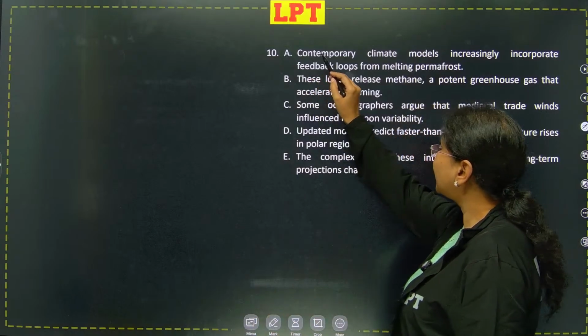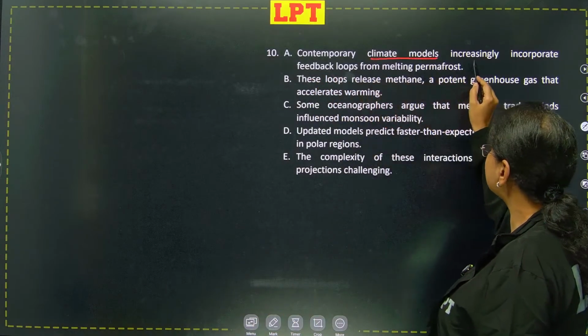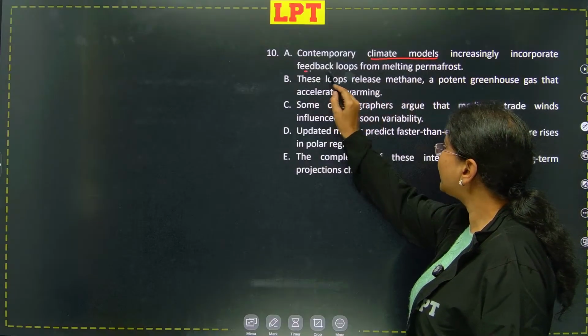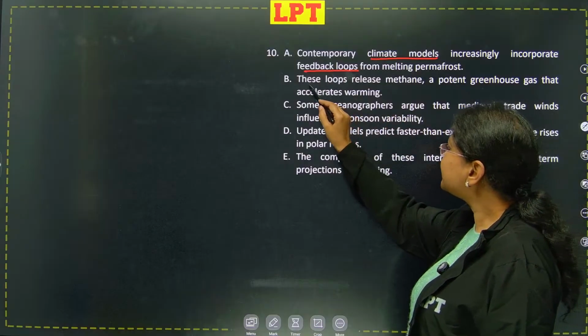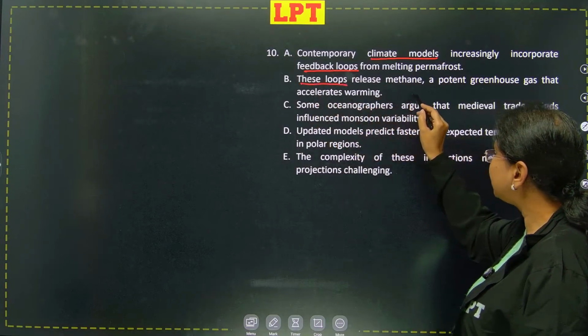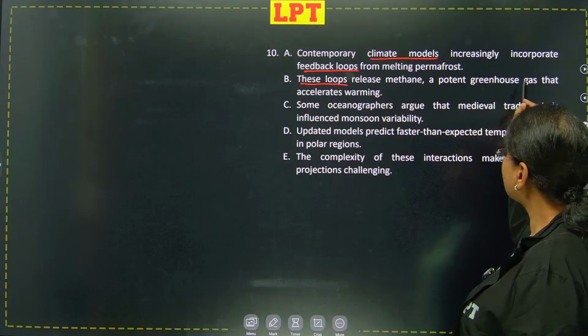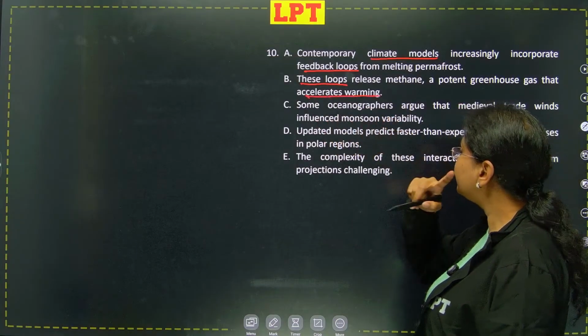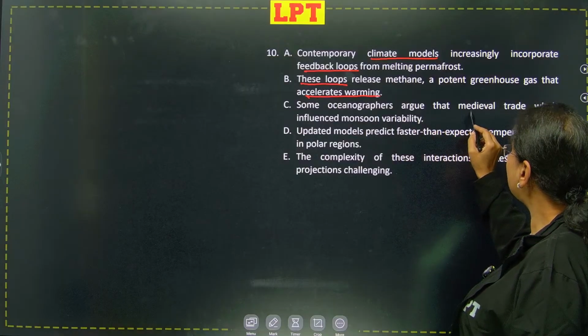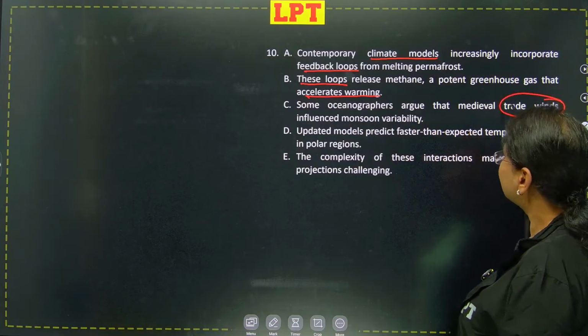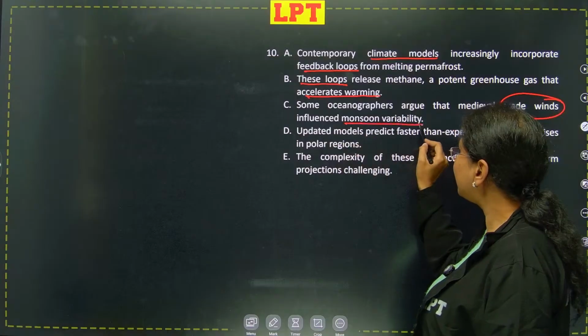So A says contemporary climate models increasingly incorporate feedback loops from melting permafrost. B says these loops release methane, a potent greenhouse gas that accelerates warming. C says some oceanographers argue that medieval trade winds influenced monsoon variability.